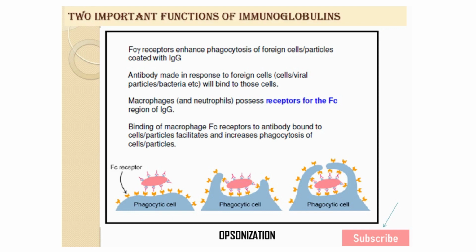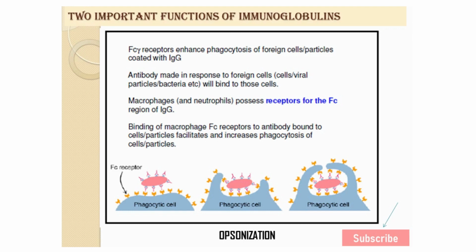The immediate result is the binding of the pathogen to the phagocytic membrane by these FcR-antibody tethers. This cross-linking of FcR by binding to an array of antibody Fc regions initiates a signal transduction pathway that results in phagocytosis of the antigen-antibody complex.